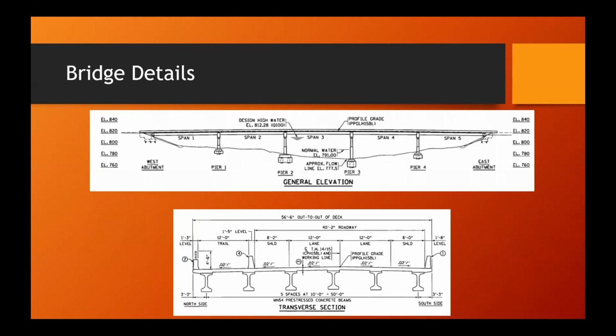Let's look at some details of the bridge. It's over the Minnesota River, 5 spans. It carries 2 traffic lanes, nice 8-foot shoulders, and a 12-foot multi-use trail. For those of you that know the Minnesota River, this is considered normal flow, and it is prone to flash flooding very frequently.